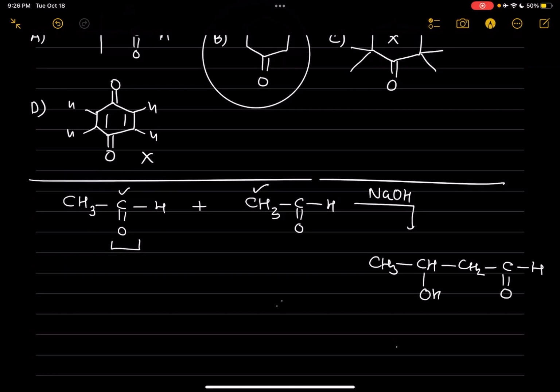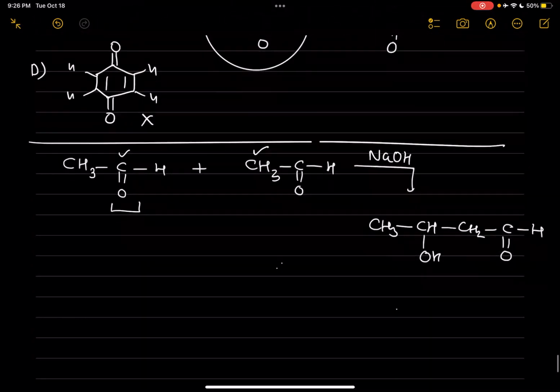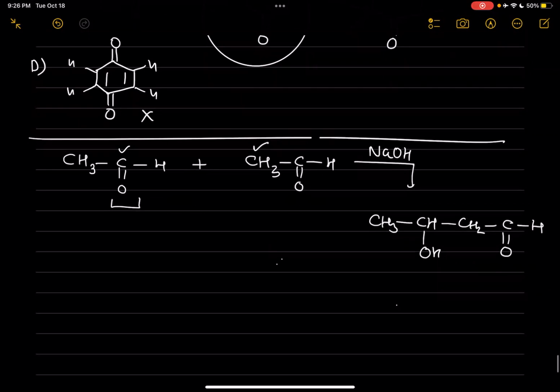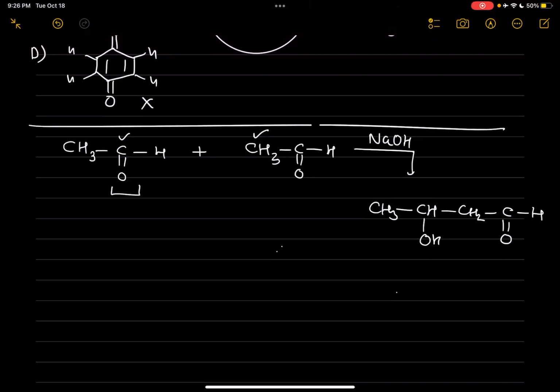If there is no heat, you are going to make beta hydroxyaldehyde or ketone. What is this beta hydroxyaldehyde or ketone known as, what's the common name for this?